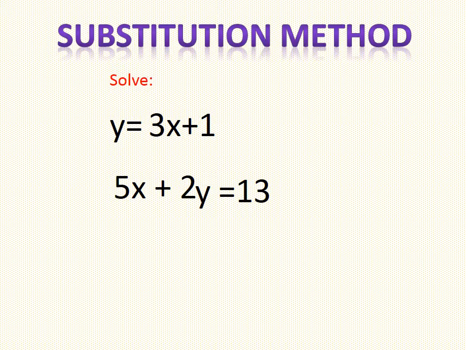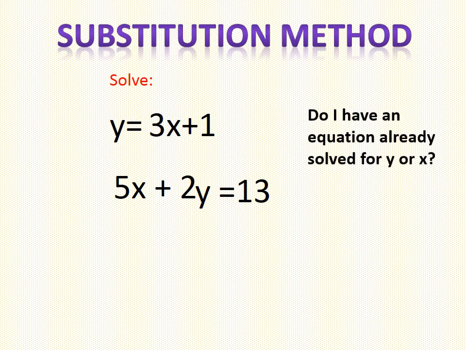We have y equals 3x plus 1 and 5x plus 2y equals 13. The first question that I'm going to ask myself: do I have an equation already solved for y or x in this system? And the answer is yes. We have y equals 3x plus 1, which will allow me to move on to the next step now.